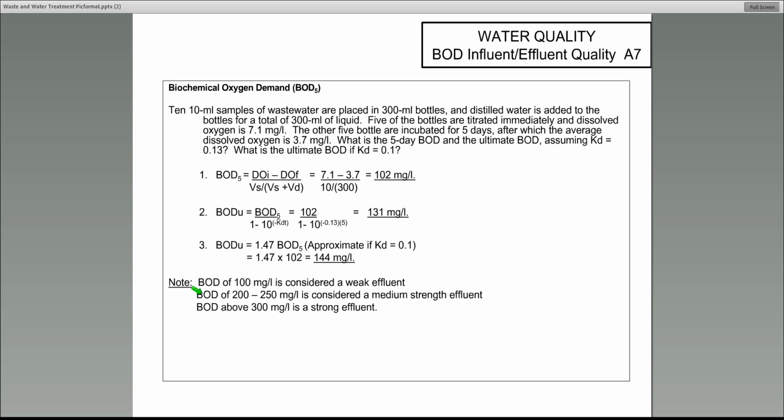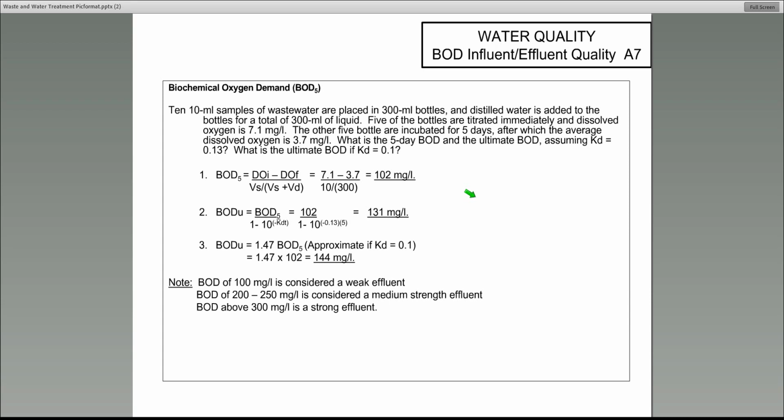Okay, to calculate BOD5, and I'm not going to spend a lot of time on this. It's a chemistry problem that you run in the lab. Basically you're going to take 10 milliliter samples and put them in the 300 milliliter bottles, and then you're going to add distilled water of 290 milliliters, so you have a total of 300 milliliters.